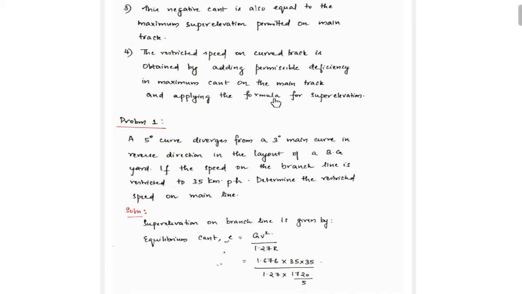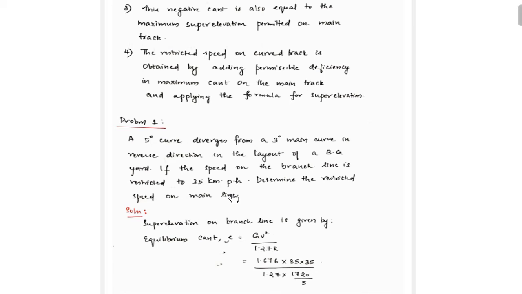Now coming to problem 1: a 5-degree curve diverges from a 3-degree main curve in reverse direction in the layout of a broad gauge yard. If the speed on the branch line is restricted to 35 km per hour, determine the restricted speed on the main line. So here you are given the degree of curve for the main curve as well as the branch curve.